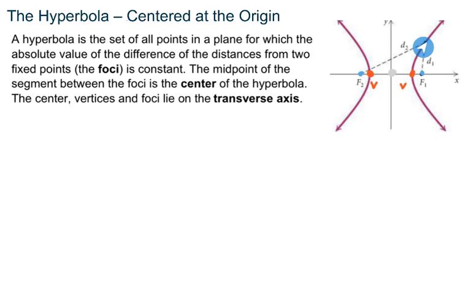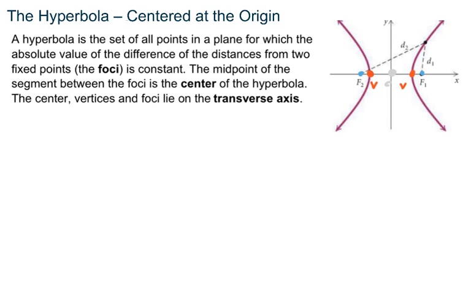So from foci to any point on the hyperbola down to the other foci, subtracting d sub 1 from d sub 2, regardless of how that is created, like this. Subtracting those two and getting that difference, the absolute value would always be the same. That represents a hyperbola. All right, so we've got a center, we have two vertices, and then two foci.